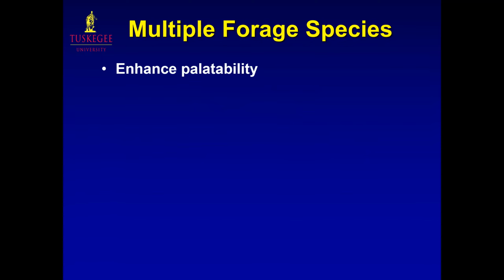It will enhance the palatability for the animals, which means they will eat more. It will also extend the production duration. If you have only one type of forage versus multiple types, the field with multiple types of forages will definitely grow for a longer duration, because the growth pattern of each species is different.